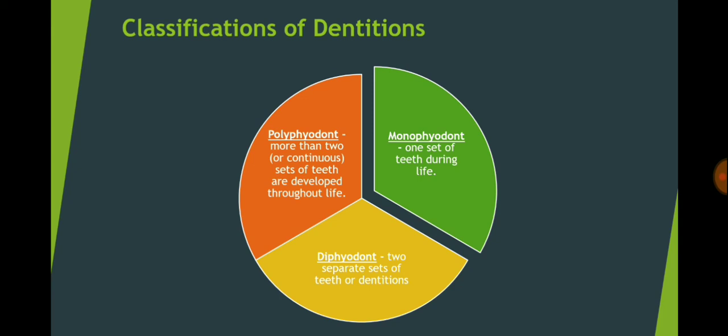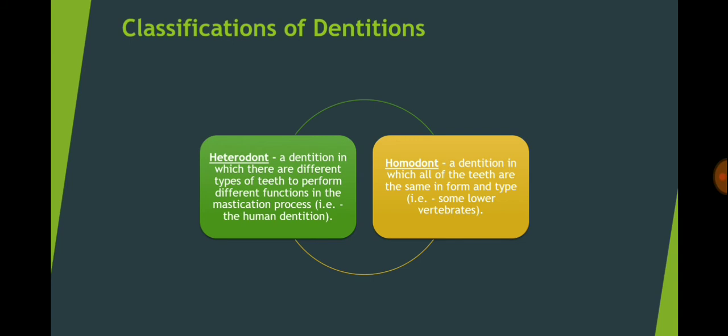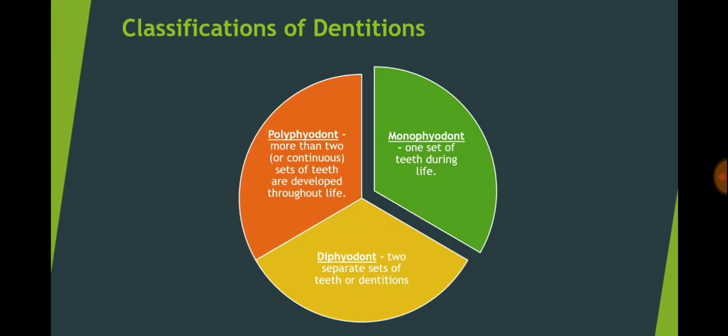For example, humans have two sets: we have primary dentition and we have permanent dentition. So we go under diphyodonts. Also remember we discussed that humans are heterodonts as well.